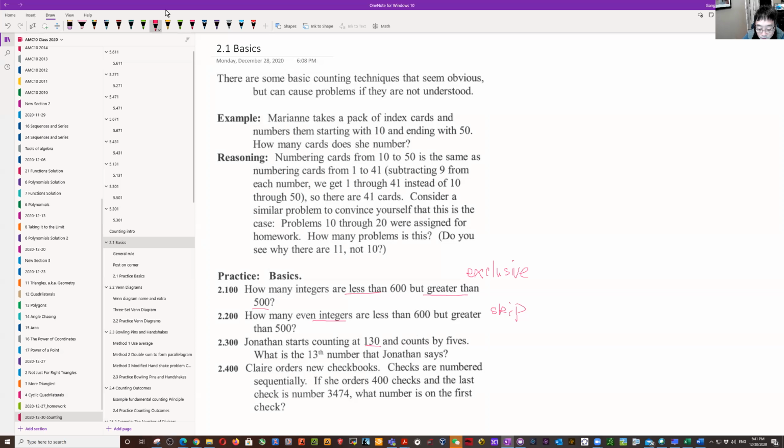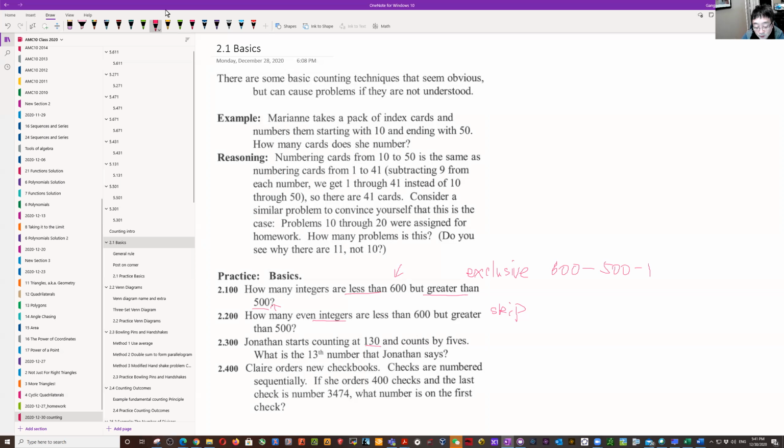So it's 600 minus 500. And because it's exclusive, not including 600 and not including 500. If it is inclusive, it's plus 1. If it's exclusive, you just subtract 1.